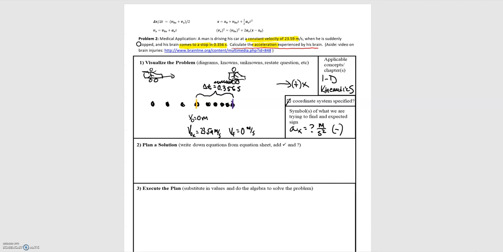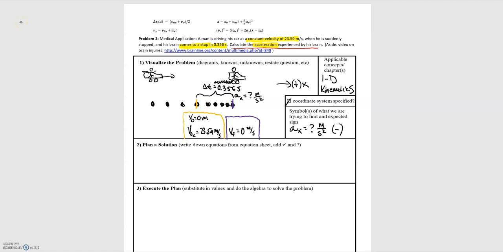So that's the quantity that we're looking for. So we'll also put that up here. The acceleration is a question mark because that's what we are looking for. We're expecting units of meters per second squared. And again, since the velocity is to the right, which is positive, and we're slowing down, we should expect a negative acceleration.